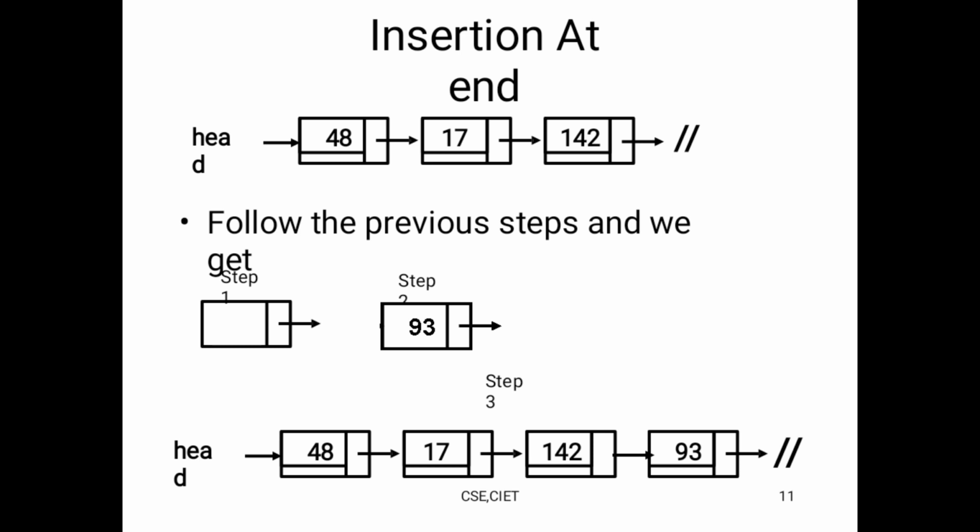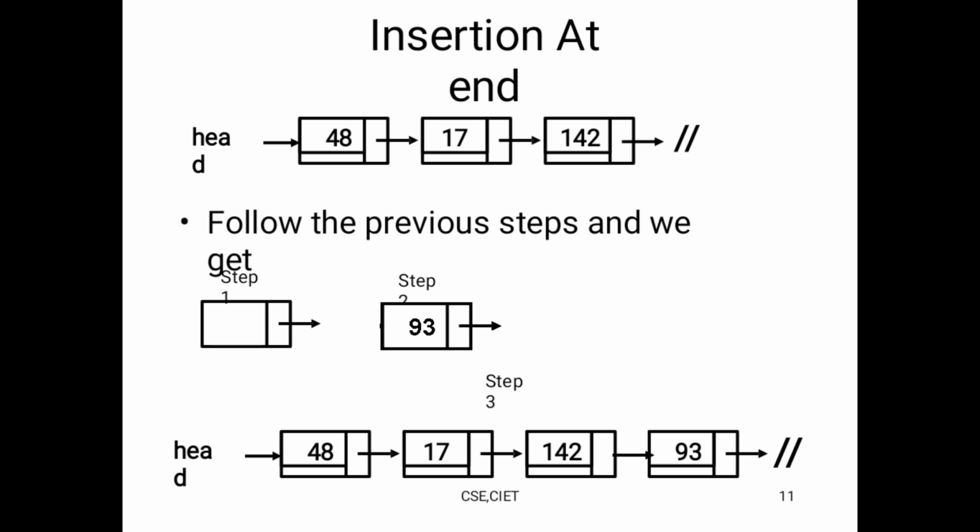First of all I have to create a node, insert the element 93, and then remove the -1 at the end of 142. The address of the new element is stored in the next field of 142. The 93 node has an information field and a next field, and in that next field I put -1.